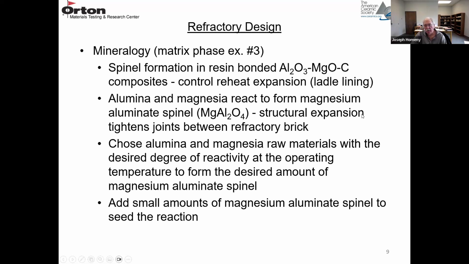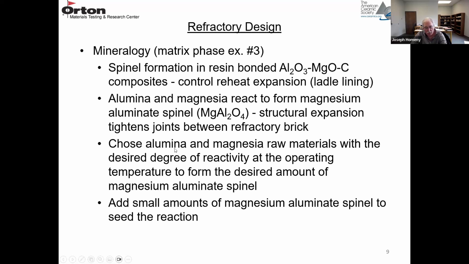So the structure expands, and if you have these materials in the ladle, it tightens the joints in the ladle lining. So you have to choose alumina and magnesia raw materials with the desired degree of reactivity at whatever temperature the ladle is running at.